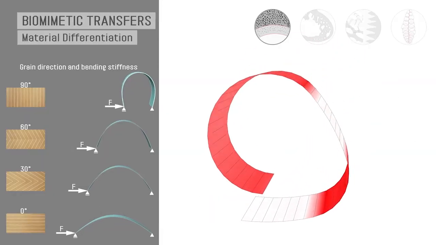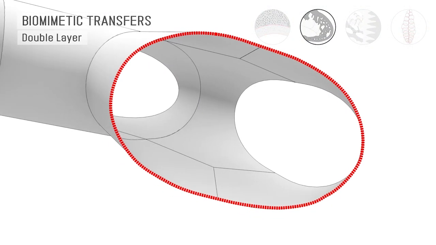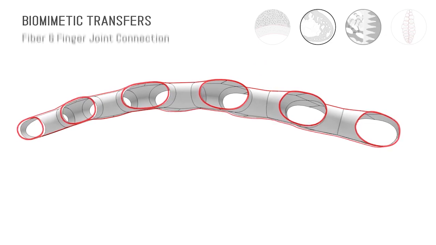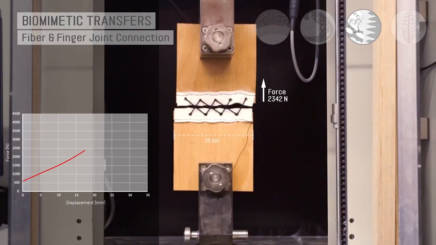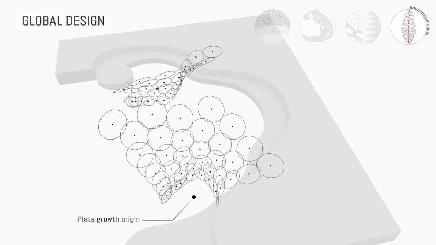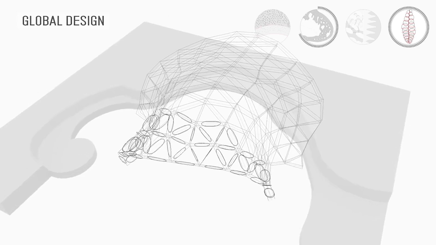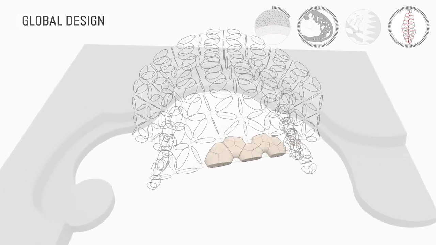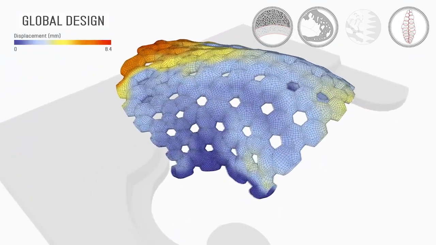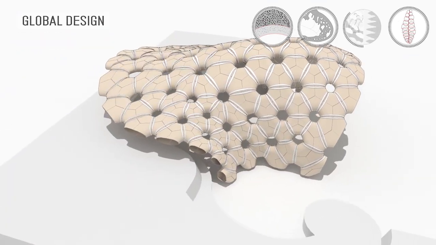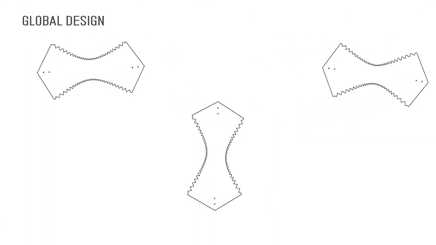Transposed into the world of wood, it is bent according to fiber orientation, so a differentiated material distribution according to fiber orientation, and each component of the structure is actually a double layered component, porous and very, very light. And elements are connected in between with this zigzag and finger joint connection, together with light fiber connection, as we will see in a moment.